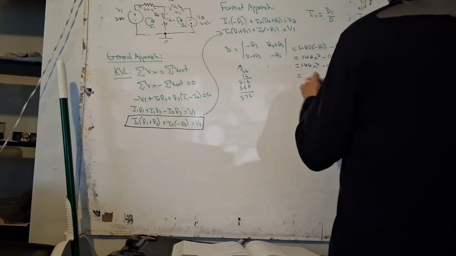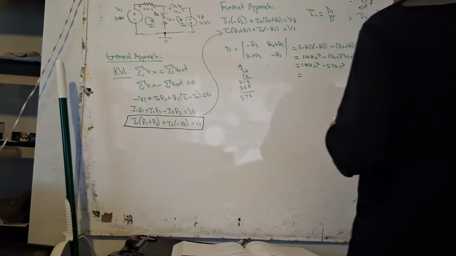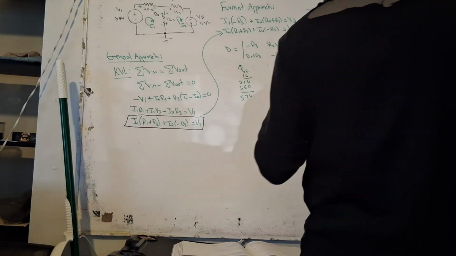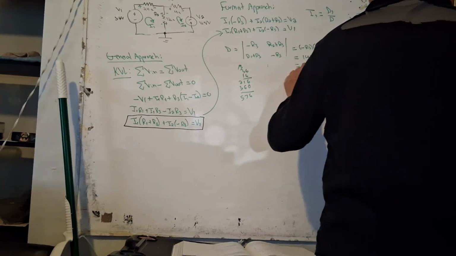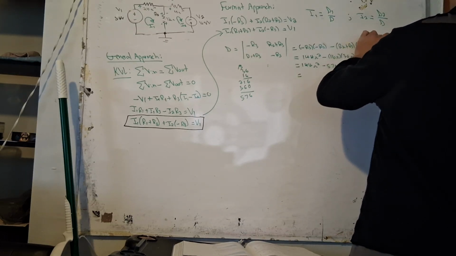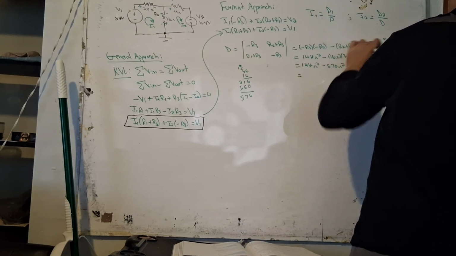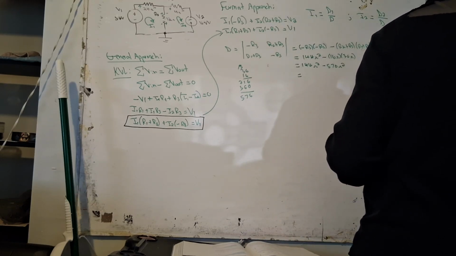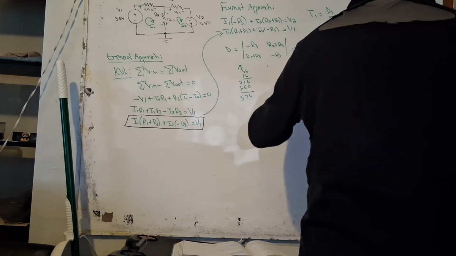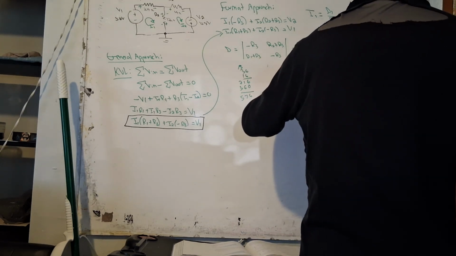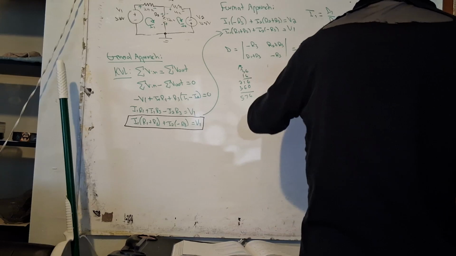So it's actually going to be positive. I can't explain that part right now, but I know that it's either direction. You can do it either way. 432. So D is 432 ohms squared.